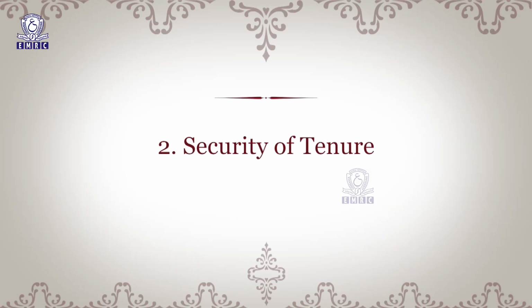Then second one, security of tenure. To protect tenants from ejectment and grant them permanent rights in land, legislations have been passed in most of the states. Legislation for security of tenure had three essential aims.